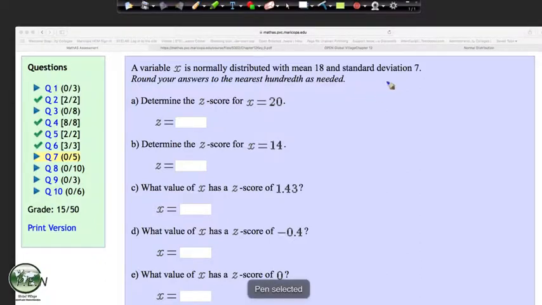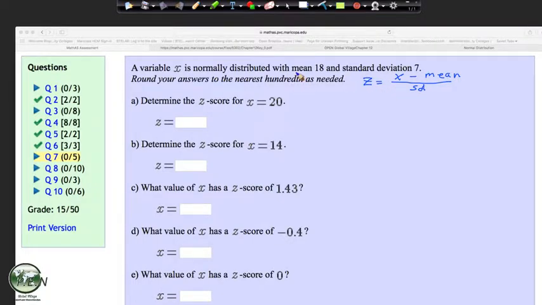When we want to calculate the z-score, it's going to be x, which is the data value, minus the mean, divided by the standard deviation, which I'll just put SD. Make up your own stuff.